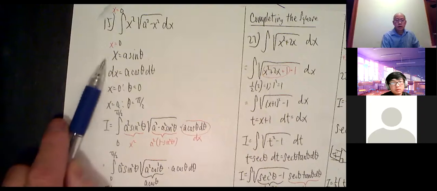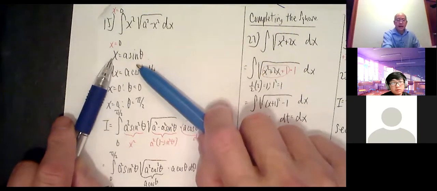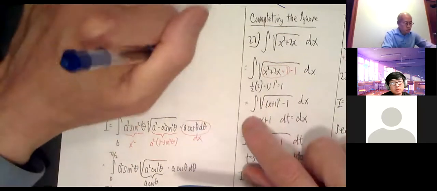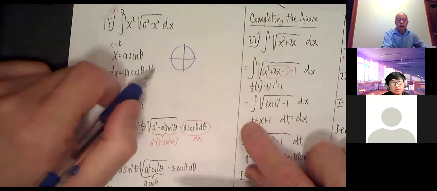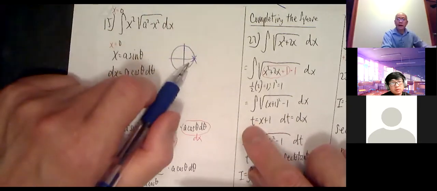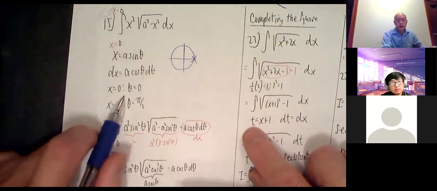When x equals 0, put a 0 right here. That means sine of theta has to be 0. So from trigonometry, what nice angle has a sine that comes out to be 0? Well, that's right over here. That means the y-coordinate is 0. And what is that angle? That angle is 0. So theta stays 0.